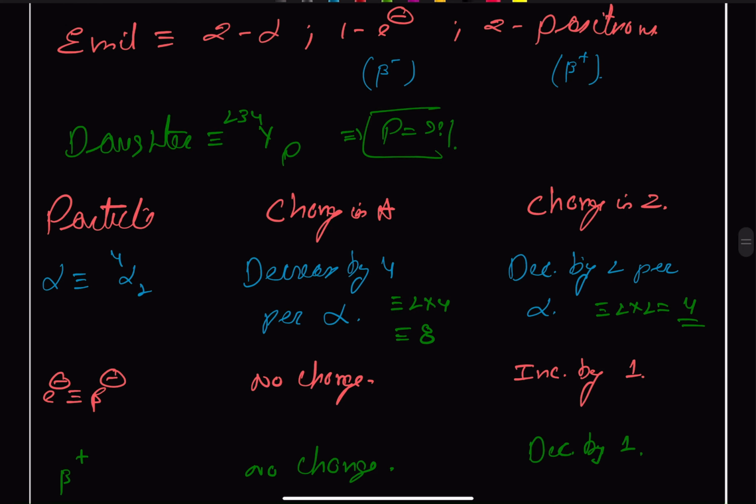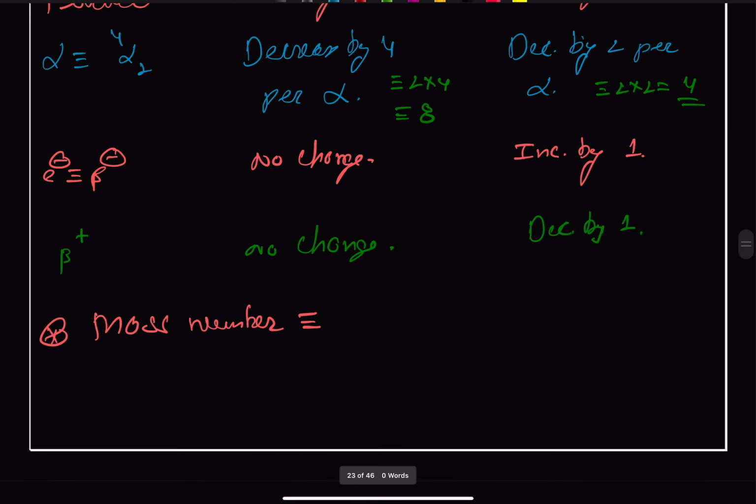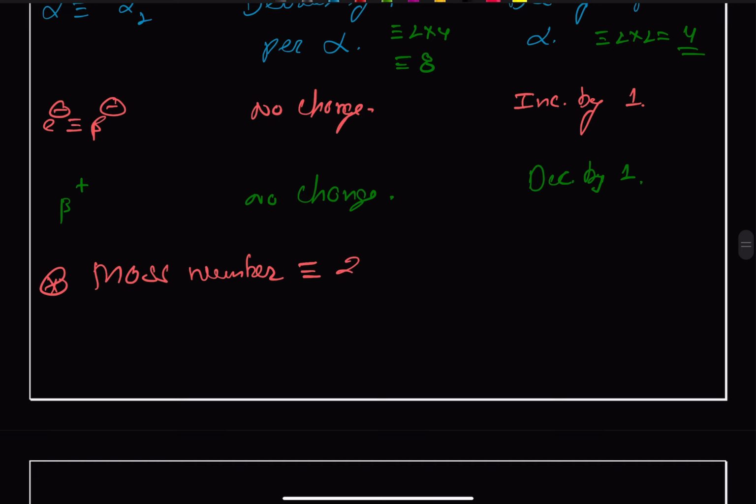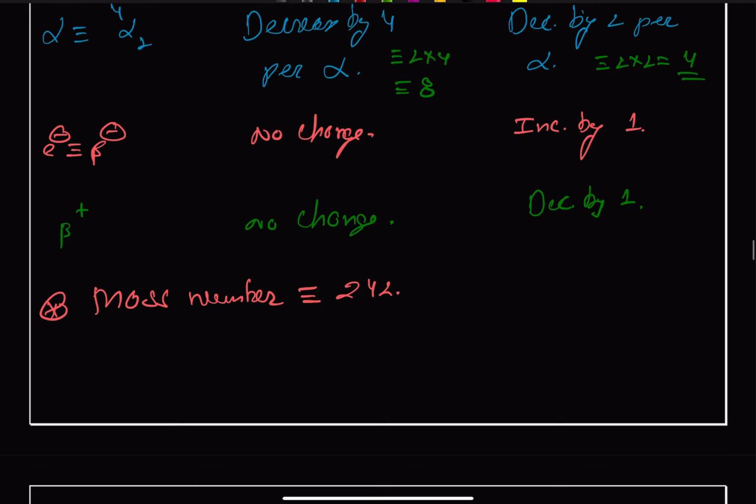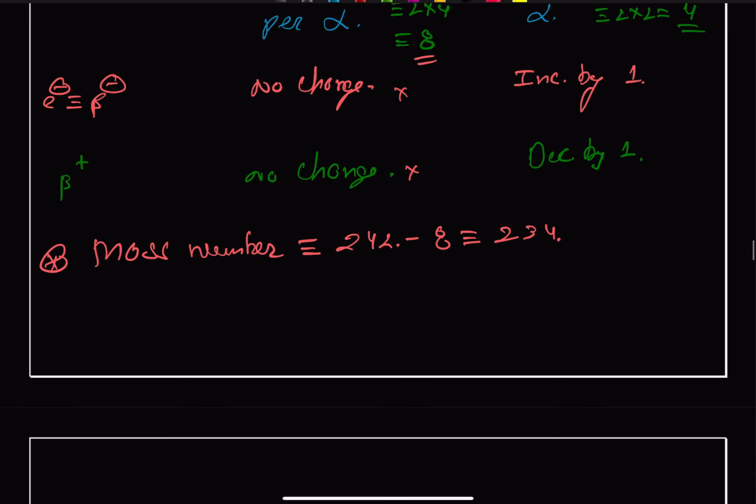Starting mass number was 242, and there is a decrease of 8 only, rest there is no change, so this will be minus 8, 234.